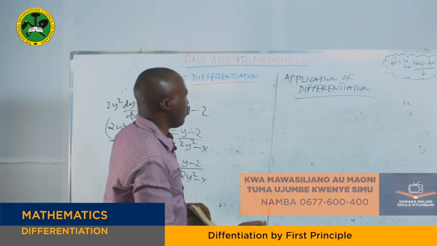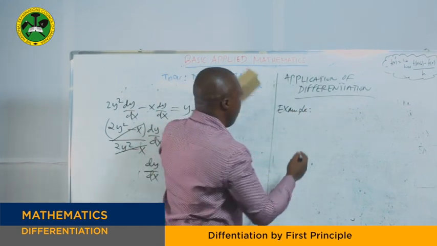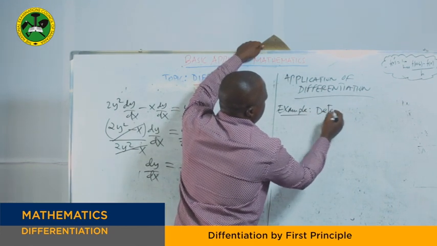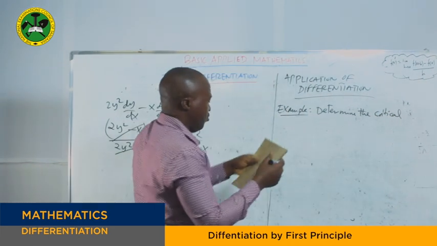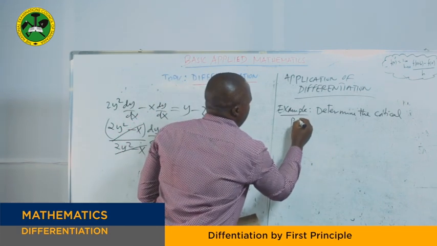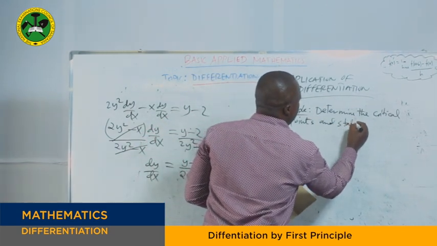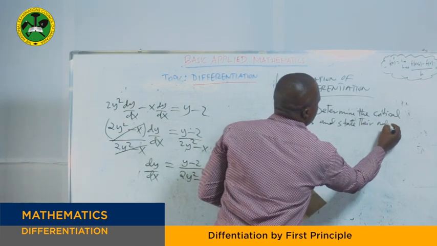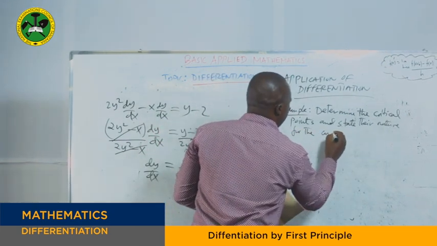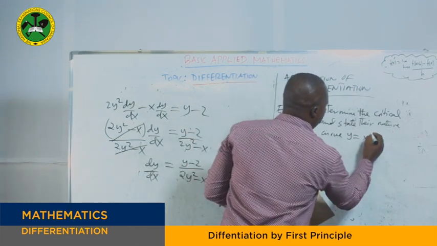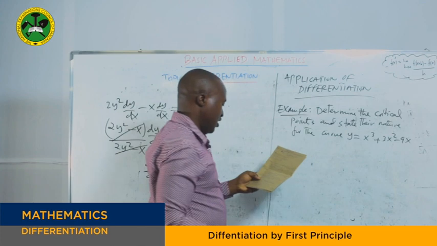For example, suppose we have a question which says, determine the critical point and state the inertia for the curve y is equal to x³ plus 3x² minus 9x.